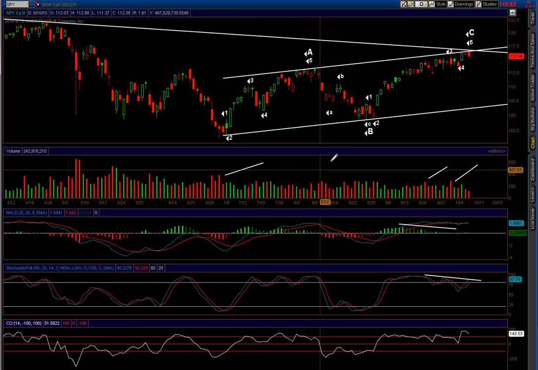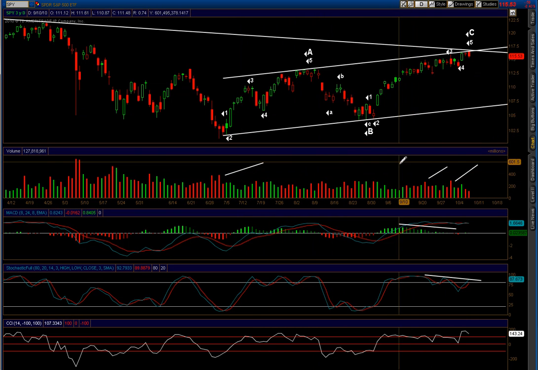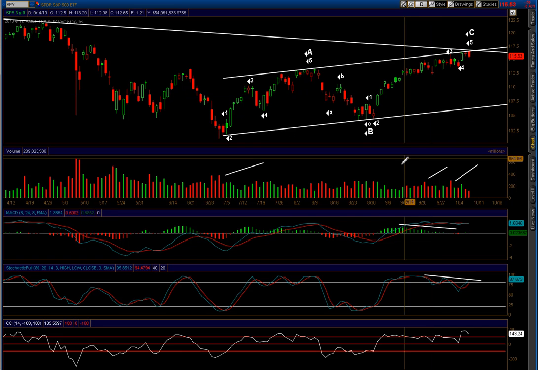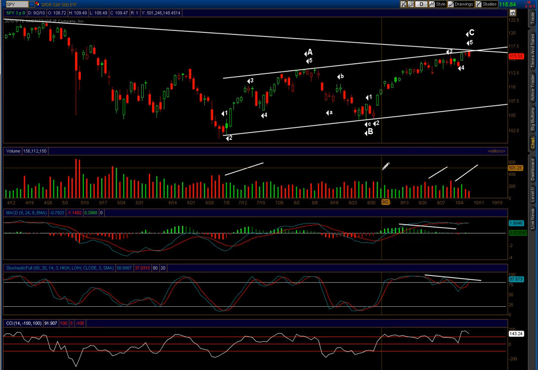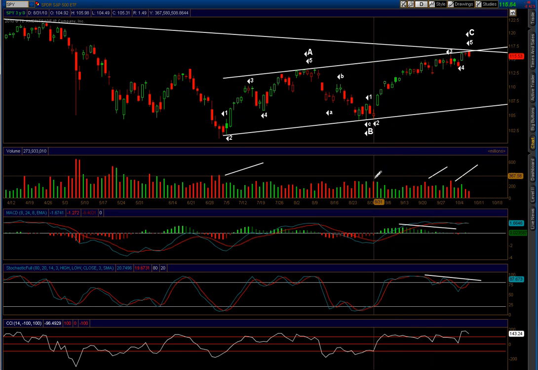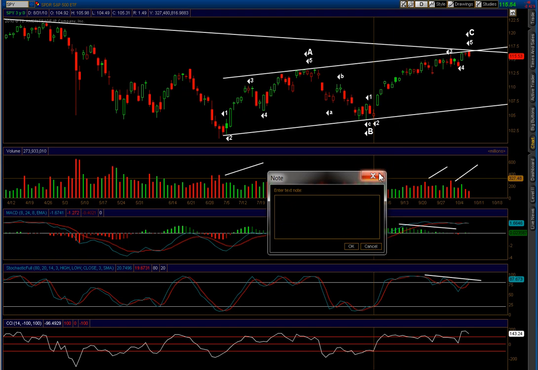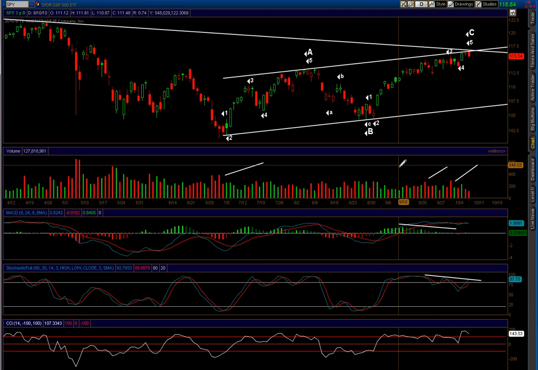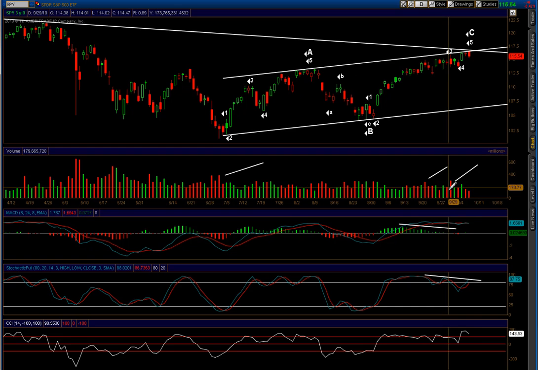Another thing that I want to point out is that all the down days on this move up, or corrective pattern, have been major selling, which means that it's going to be a distribution phase.